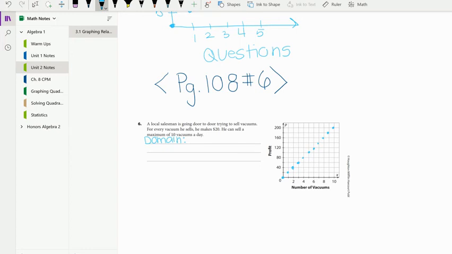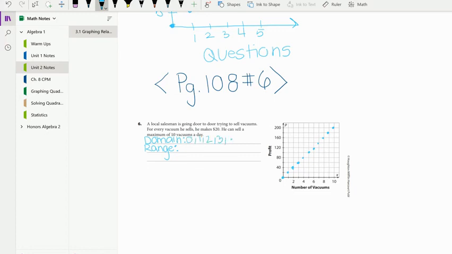So on the flip side, for the Y, which is the profit, I'm not going to get $30 from someone. It's going to be $20 per vacuum. So it's not going to be 21, it's not going to be 19, it's going to be 20. So the only amounts I can get are 20, 40, 60, and increments of 20. So because of this, this would be discrete. So you have to list them.